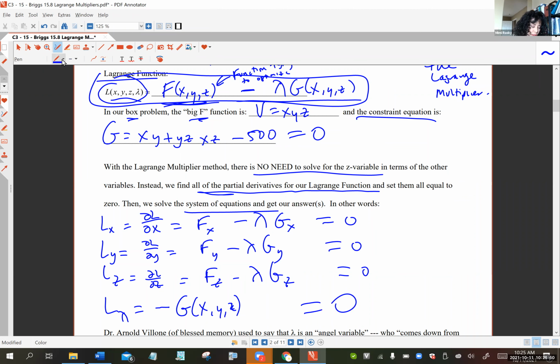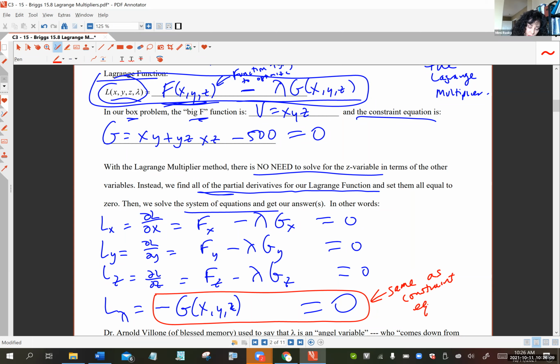Now, here's the good news. I mean, the bad news is you've got to solve this big old system, which is typically nonlinear. The last equation is actually the same as the constraint equation. If you multiply both sides by -1, it's going to give you the same as your constraint, which is kind of good.